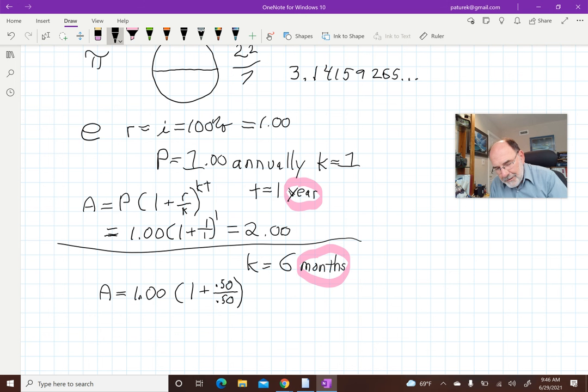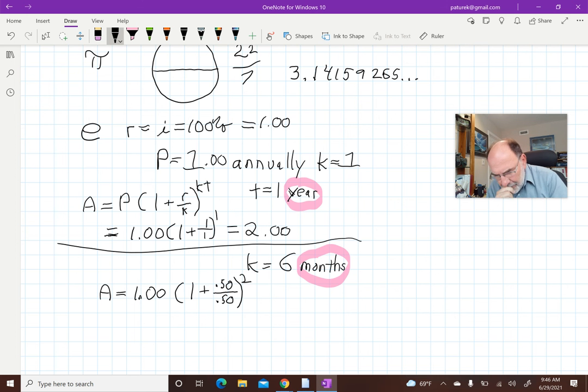The point I'm trying to make is that this becomes squared. Can I persuade you that that is the number of times that it is compounded in 1 year? Think of it that way. Well, 0.50 divided by 0.50 is 1.